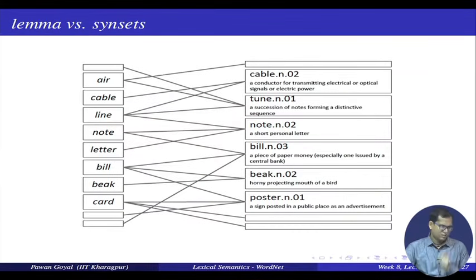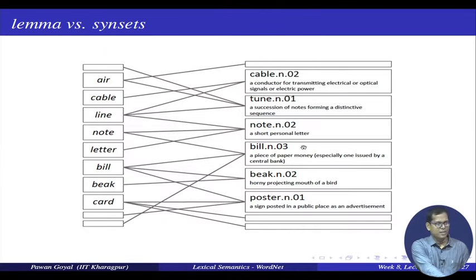Now this figure explains the relation between the word form, or the lemma, and the synsets. There is a many to many relation. For example, the word note can go to note 2 and bill 3. It denotes 2 different senses. In one sense it goes to the note synset, in another sense it goes to the bill synset, but this bill synset will contain note and also bill and some other words.